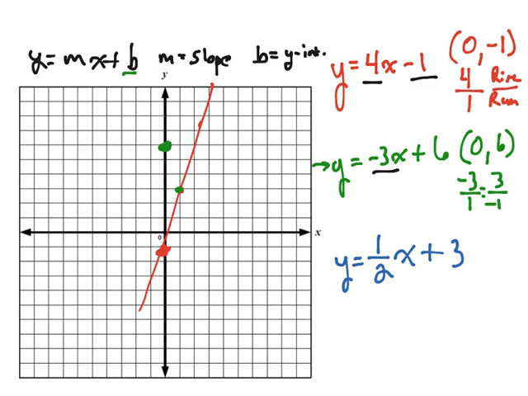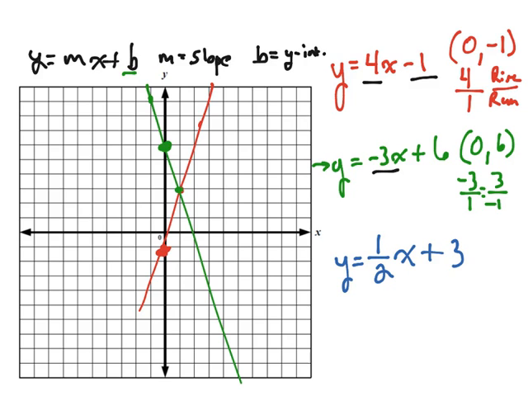If I want to see the other side, the 3 over -1, that just means I go up 3 and to the left 1, which is right there. Now if I draw my line on there, there is my line.